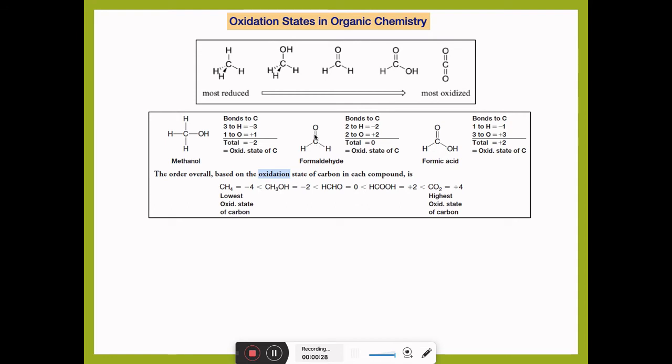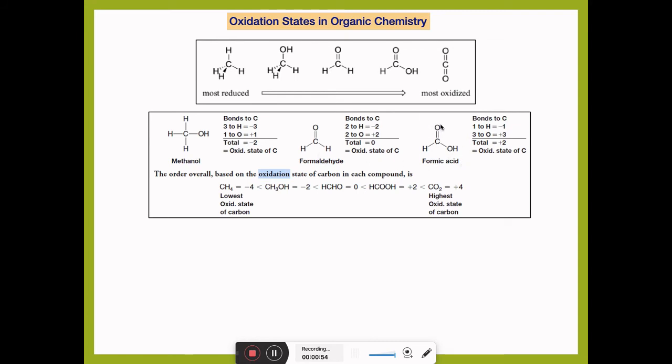As there is a double bond to O, each bond counts for one. So the two bonds correspond to two oxygen, and the charge on the carbon due to oxygen is plus 2. So minus 2 and plus 2 gives 0. The oxidation state of carbon in formaldehyde is 0.